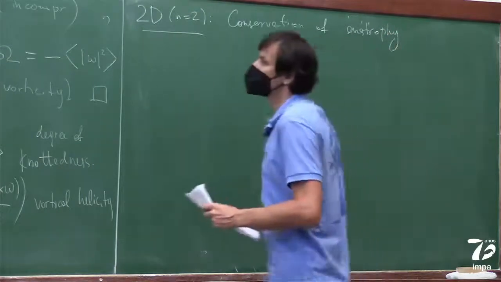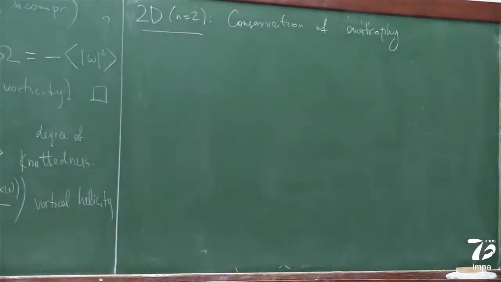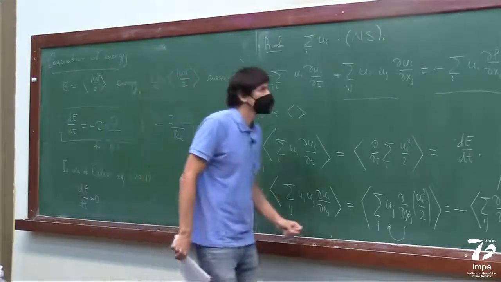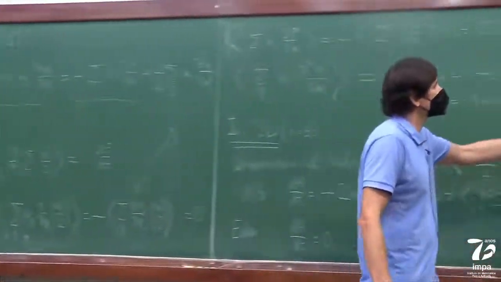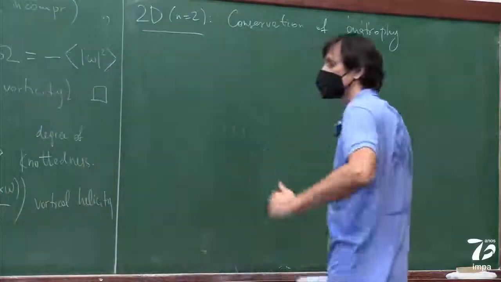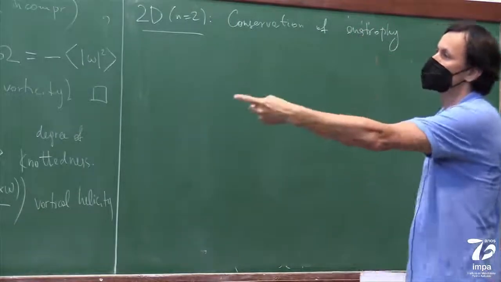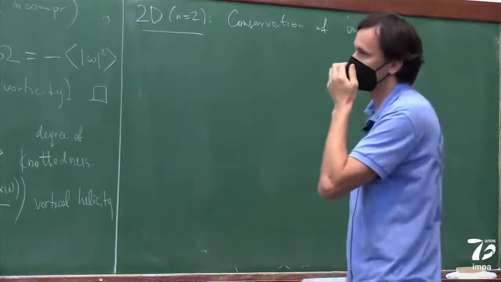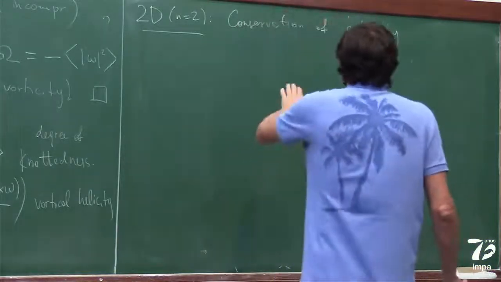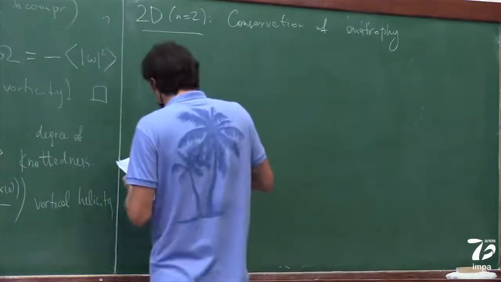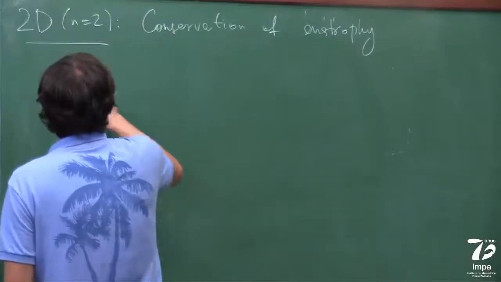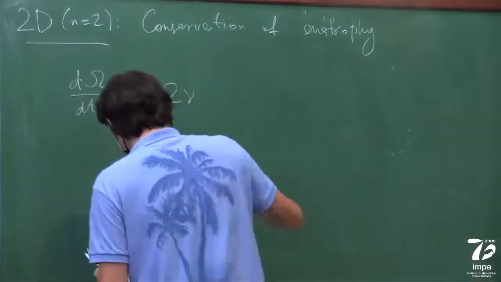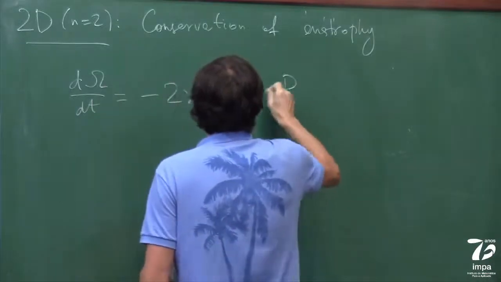So the same entropy that was controlling the change of energy in Navier-Stokes is now, in 2 dimensions, also conserved. So you have such a nested conservation. The change of energy is controlled by entropy, and conserved if you have inviscid flow, and now you have a conservation of entropy, which is written like d omega/dt minus 2 nu P. Now P is not pressure.